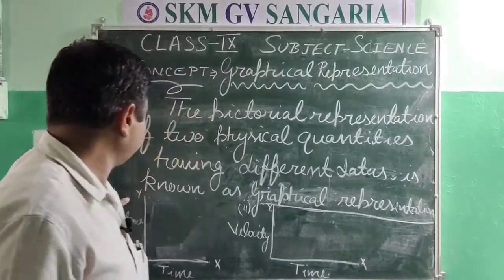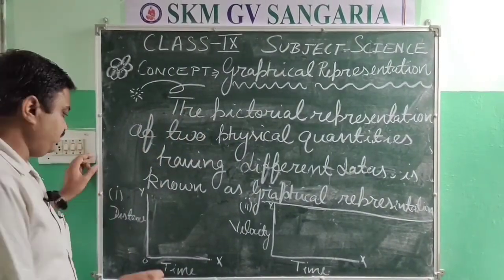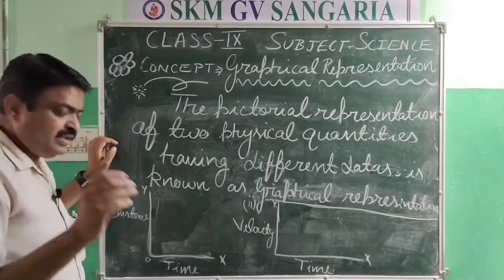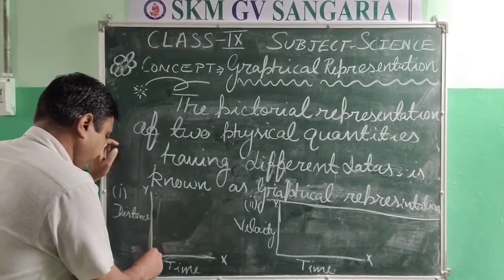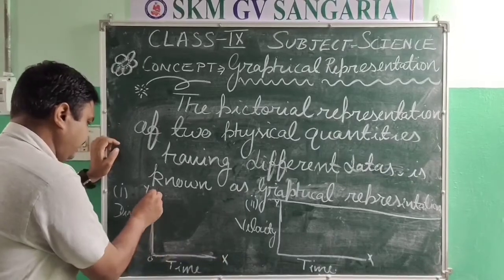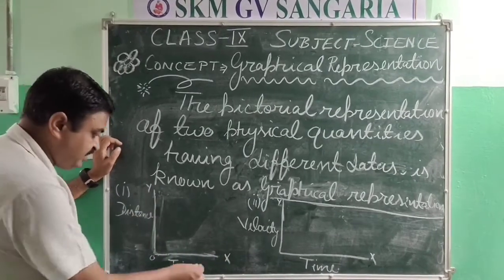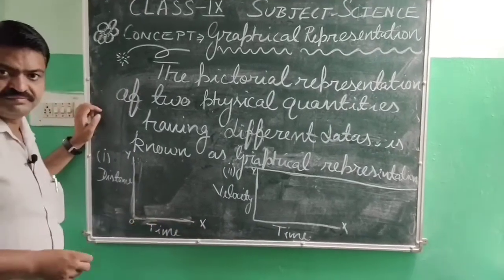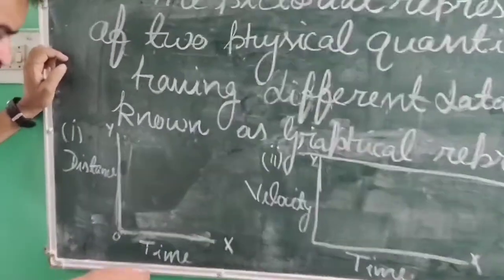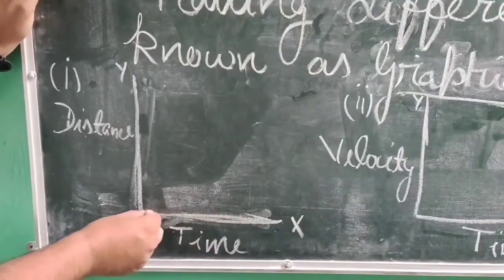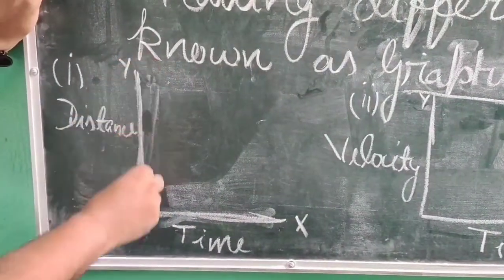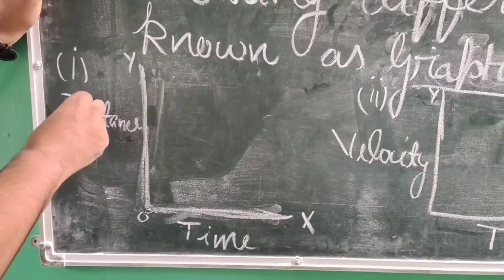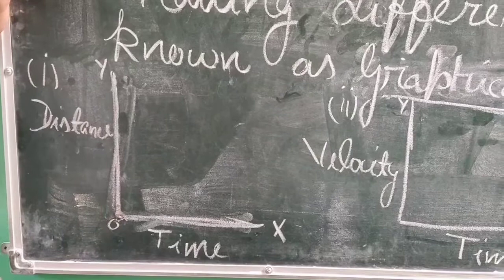Like the first example I want to give you, it is the graph of distance and time. In this, there are two lines. First is the x-axis and second is the y-axis. This x-axis is the independent variable, and this y-axis is representing distance, which is the dependent variable.